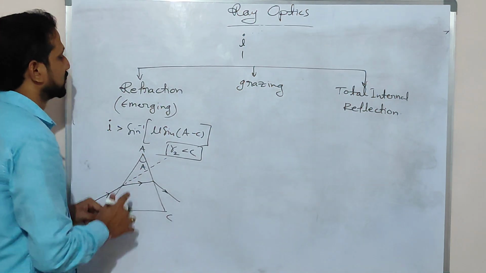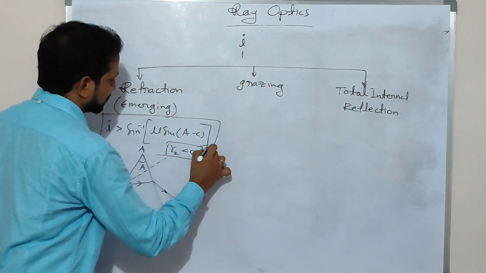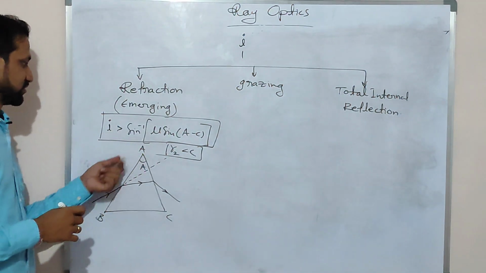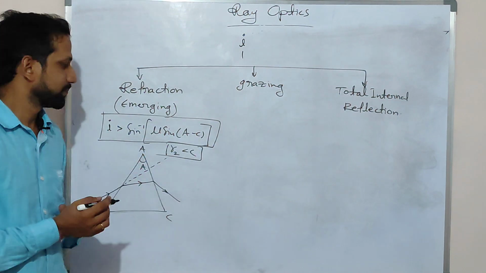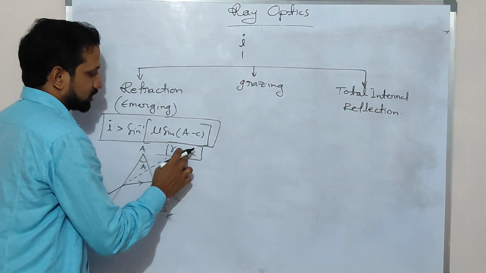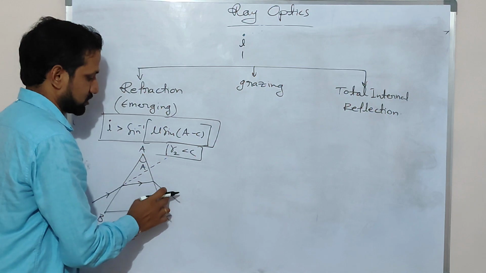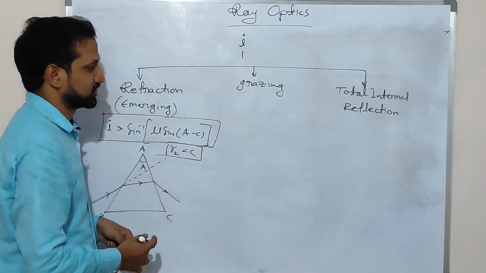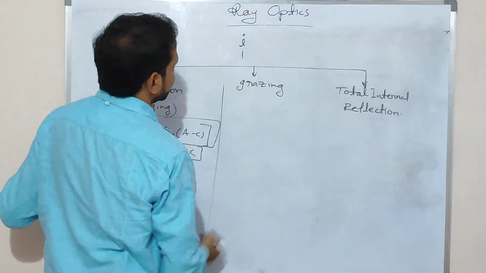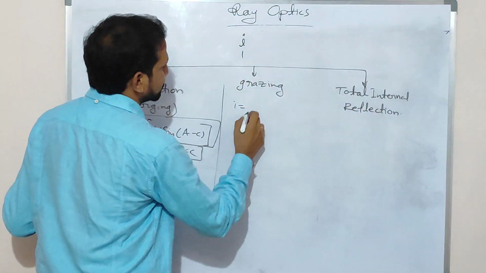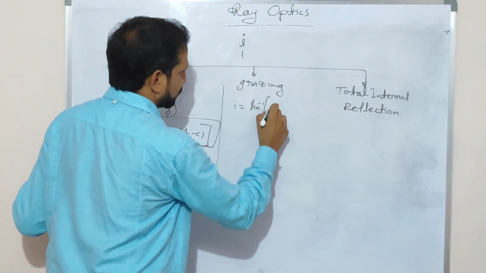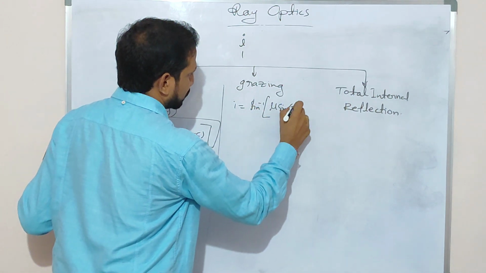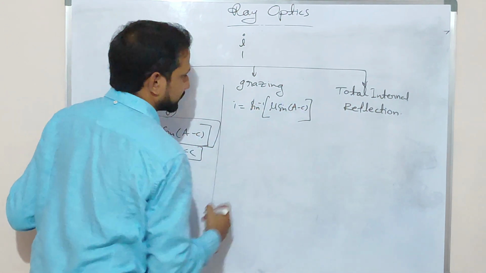That is, when the angle of incidence at the AB face is greater than sine inverse of mu sin (A minus C), R2 will become less than the critical angle, so that the emergent ray will be there in the system.